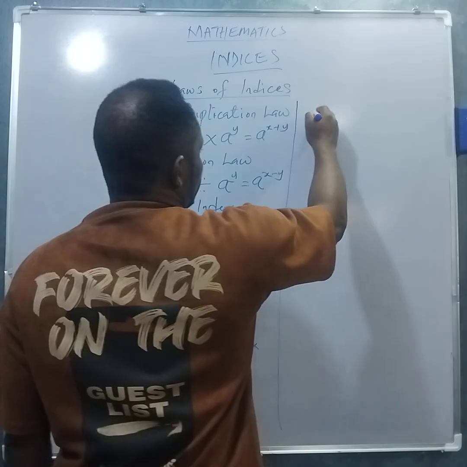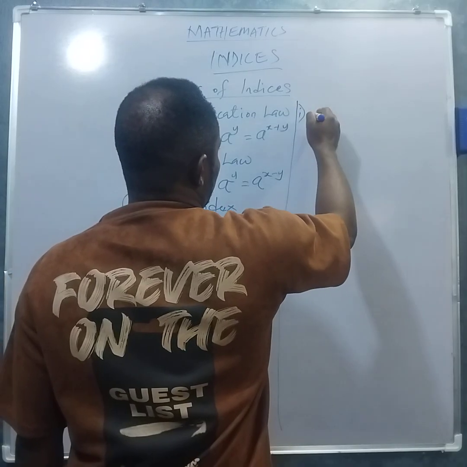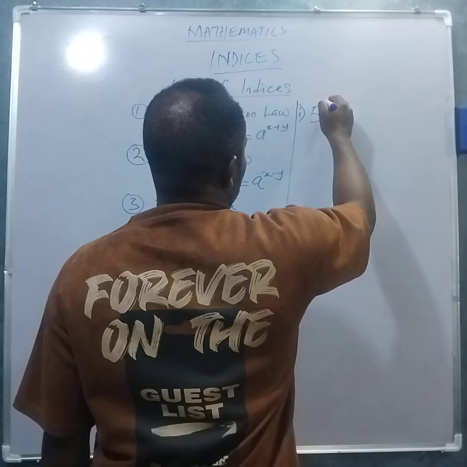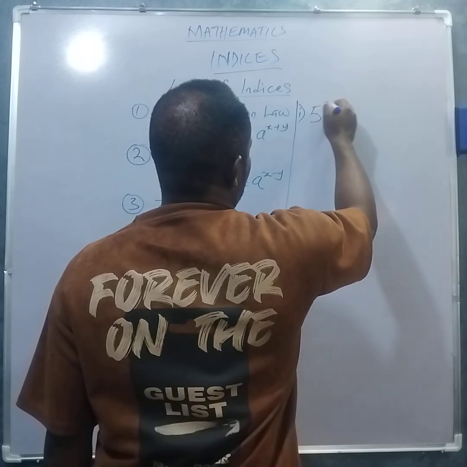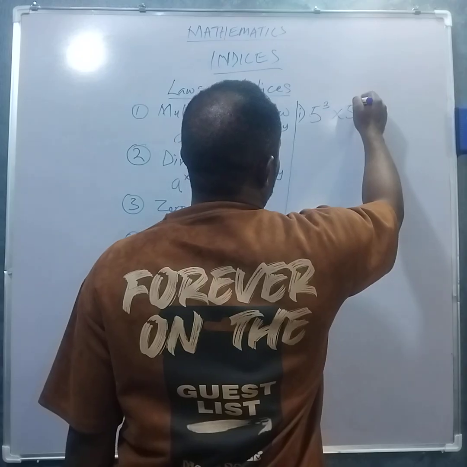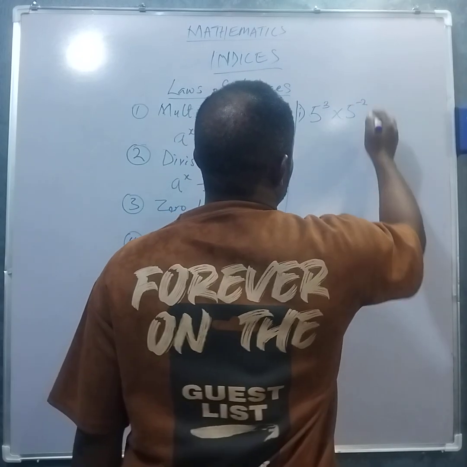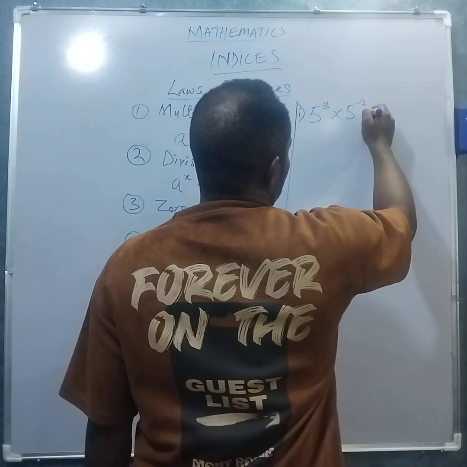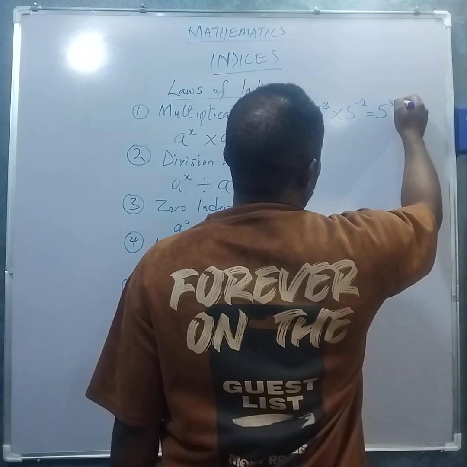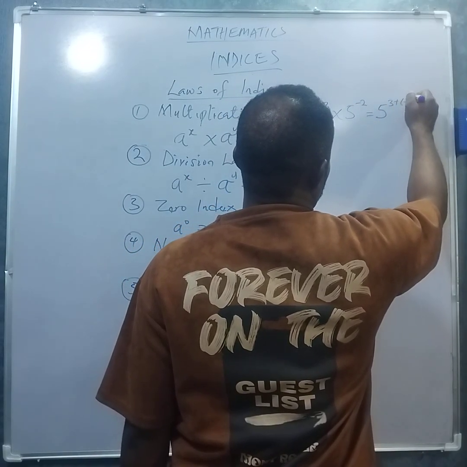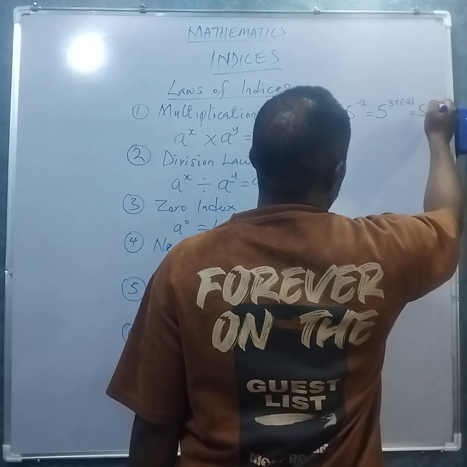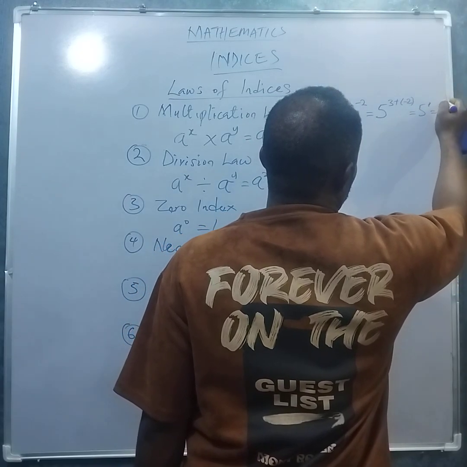We have, for example, 5 raised to power 3 times 5 raised to power minus 2. This will give 5 raised to power 3 plus, in bracket, minus 2. So this will give 5 raised to power 1, which is the same thing as 5.